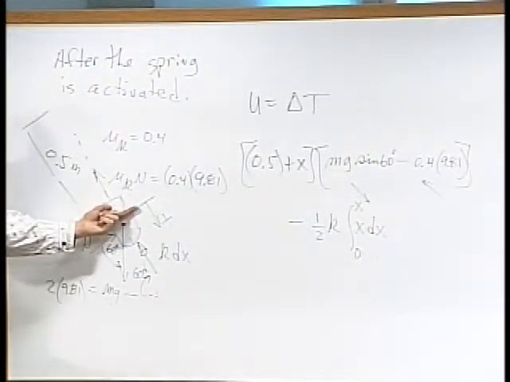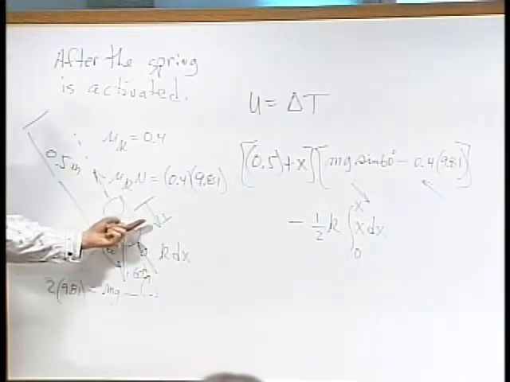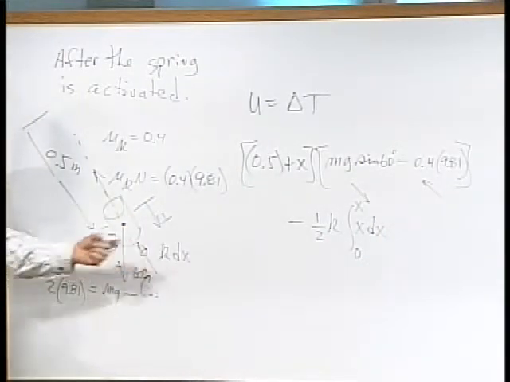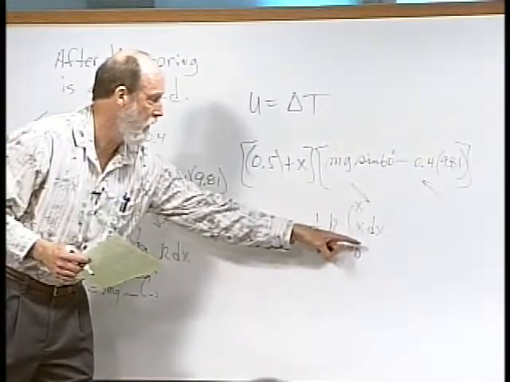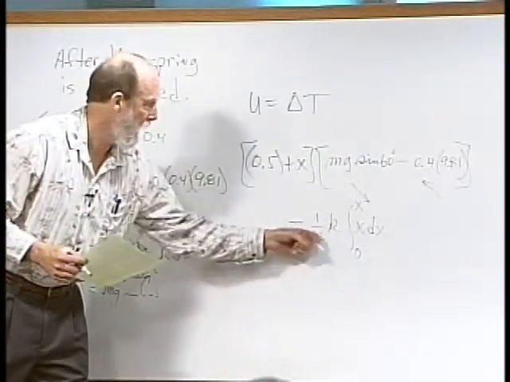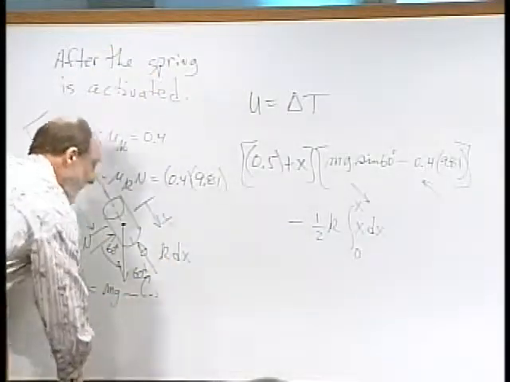It starts here once the spring becomes active, through some displacement x. And so that work term is negative then, and this is going to turn into an x squared over, well, actually the half is embodied here. I should not have that there.